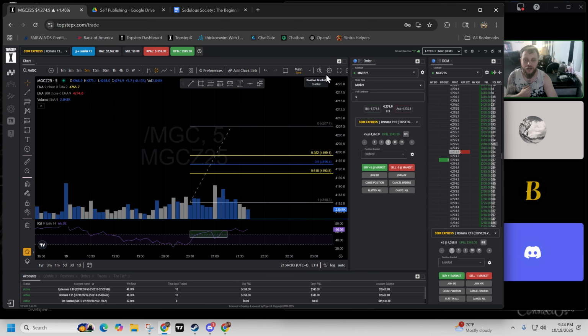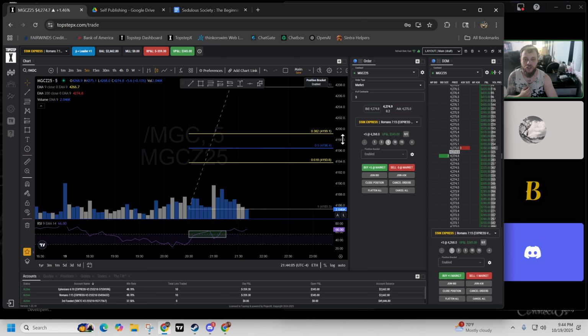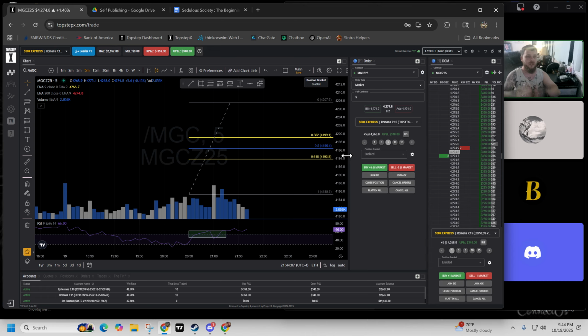Your Fibonacci. You guys will hear me talk about the equilibrium, the equilibrium, the equilibrium. What is the equilibrium? It's the 50% sign. On my Fibonacci, it's my 50%. It is the middle section of any candle. Body, not wick. Wicks do not matter to me. When we talk, I do not care about wicks.